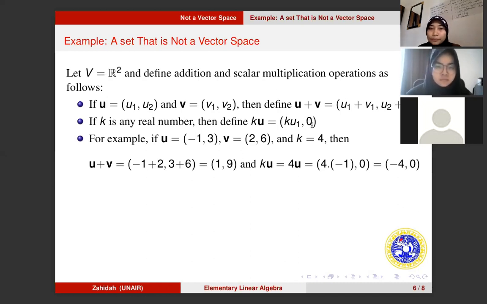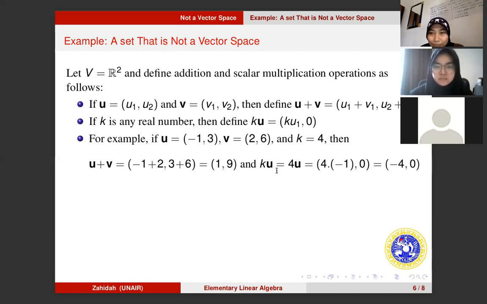For example, if we have u equals (minus 1, 3), v equals (2, 6), and our scalar is 4, then u plus v, this is the standard operation for addition. So we have minus 1 plus 2, we get 1. And the second component we have 3 plus 6, we have 9 here.